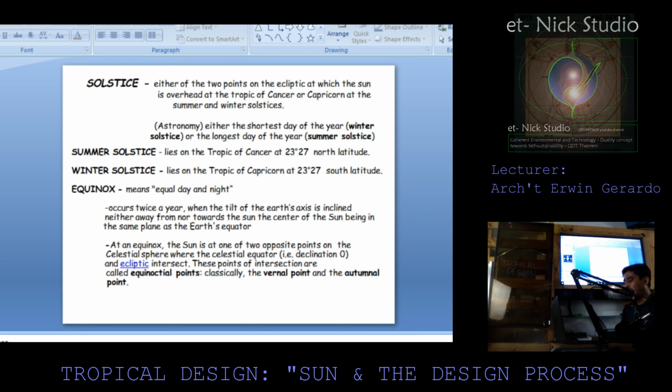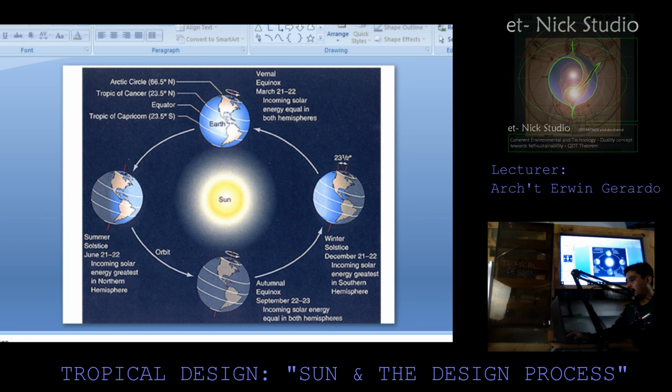At an equinox, the sun is at one of two opposite points on the celestial sphere, where the celestial equator, declination 0 degree, meaning it is actually located midway, and the ecliptic intersect. These points of intersection are called equinoctial points, classically the vernal point and the autumnal point.